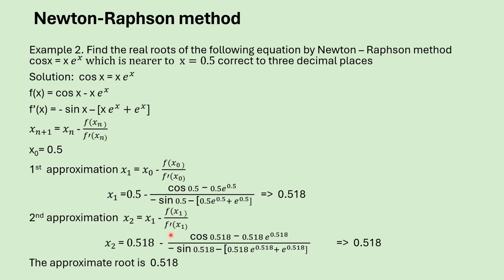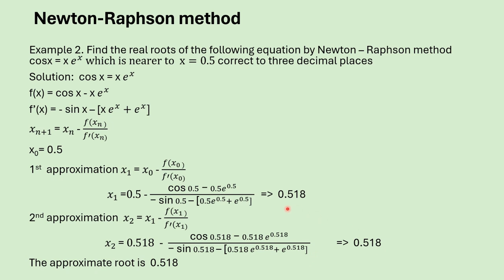So we get x2 is equal to 0.518 minus cos 0.518 minus 0.518 e to the power 0.518, divided by minus sin 0.518 minus 0.518 e to the power 0.518 plus e to the power 0.518. On simplification, we get this.